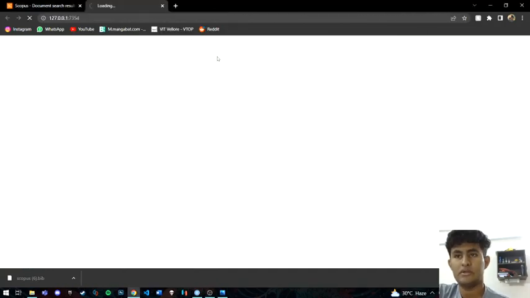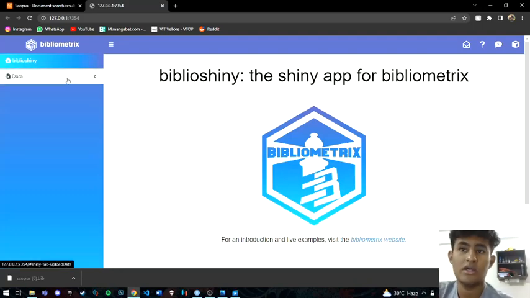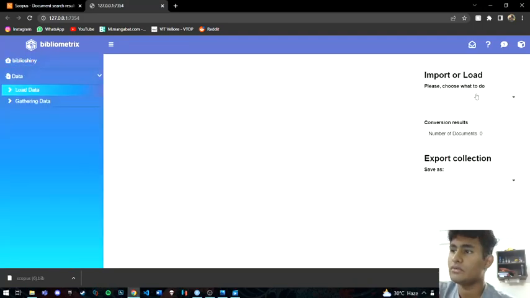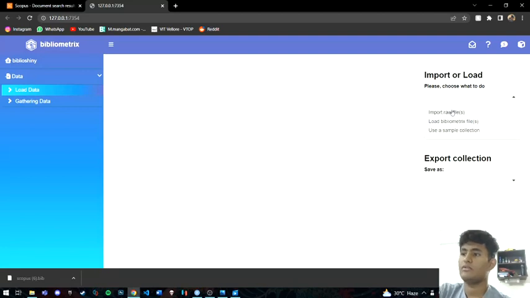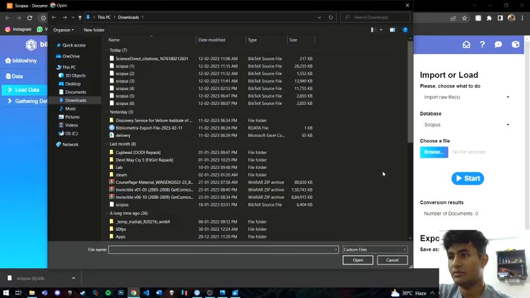It will open in a tab in our internet browser. We can load the data into biblioshiny by clicking on load data, choosing the file as a raw file. The database should be chosen as Scopus, and now we can browse our computer to choose the BibTeX file.